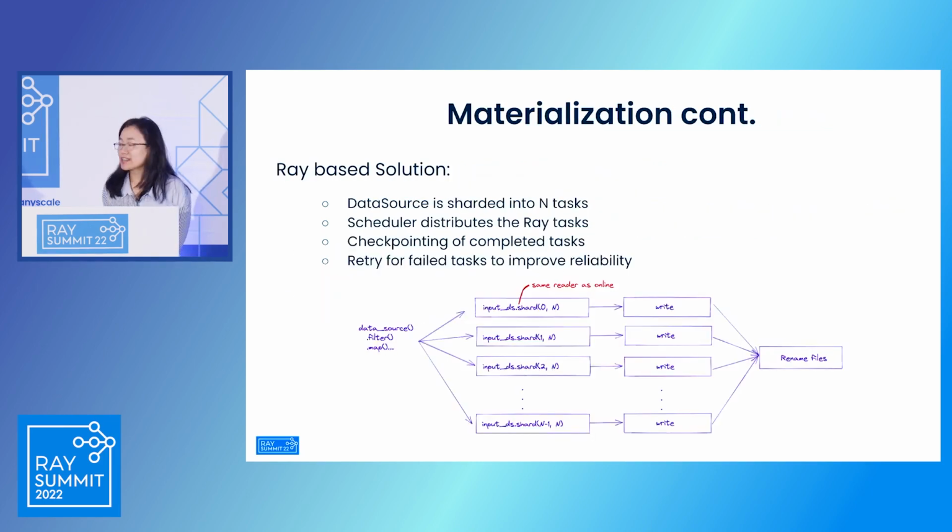This is a high-level and simplified diagram of our offline executor, and you will understand why we call it materialization. Basically, for the user input data pipeline, for each task, we append a shard node at the end. So each task is dealing with a portion of the data. The data is loaded and transformed based on the user definition, and it's written out immediately.